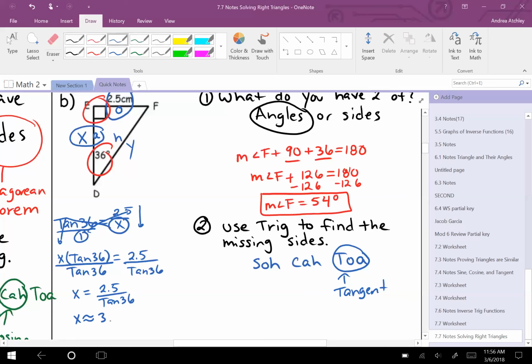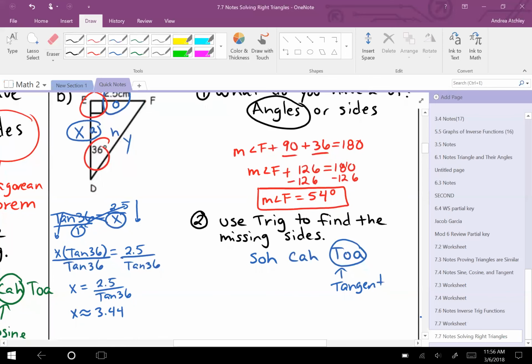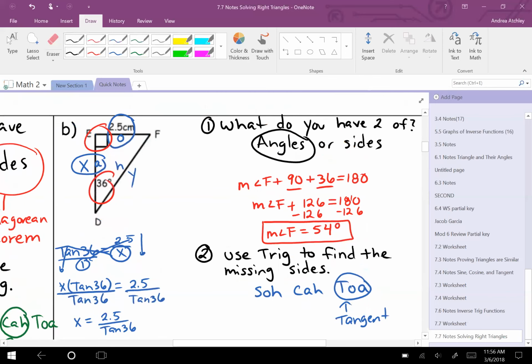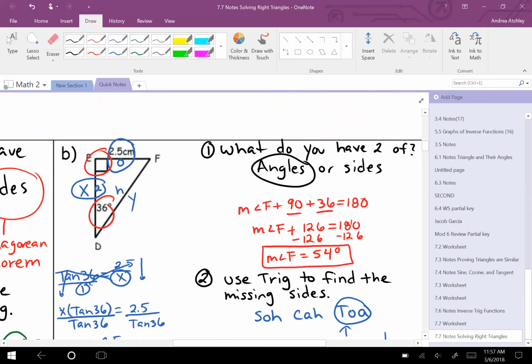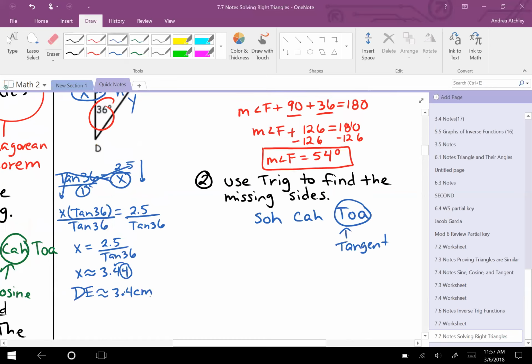So it's 3.44. Okay, and X represented DE. So we would say DE is about, does the 4 make it go up or stay the same? 3.4 centimeters. Any questions over that?